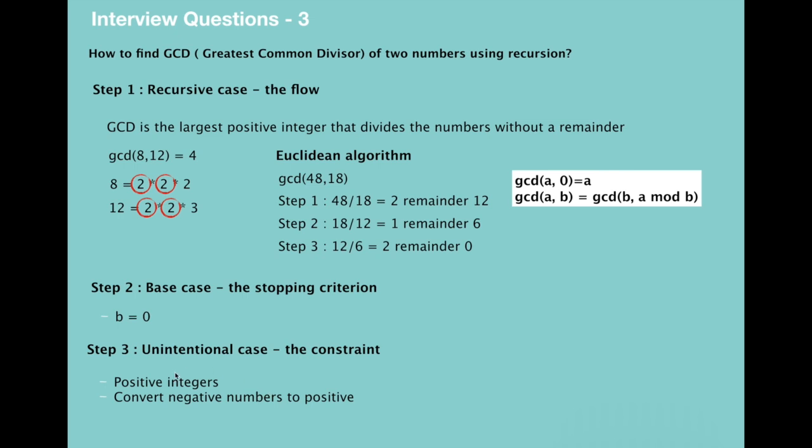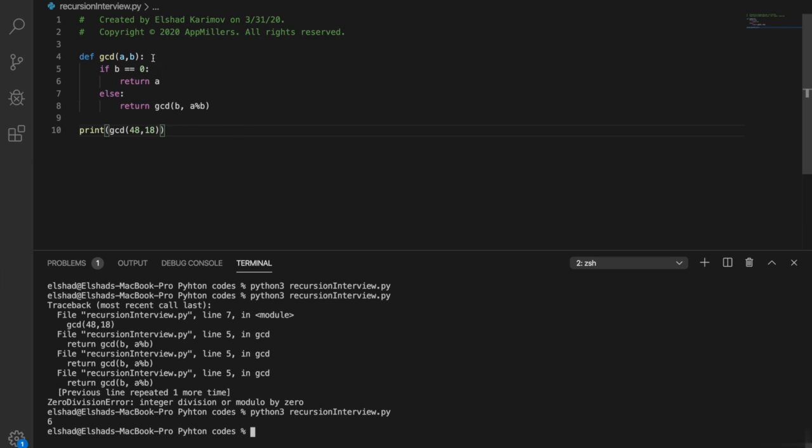Let's go back to our Visual Studio Code and write these cases over there. Here in the beginning of the code, first I will write our first case, which is both numbers should be integers. I will use the assert keyword here as well.